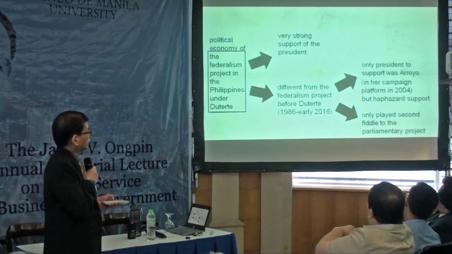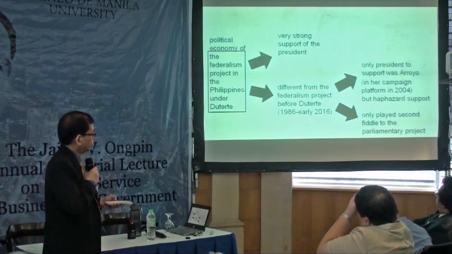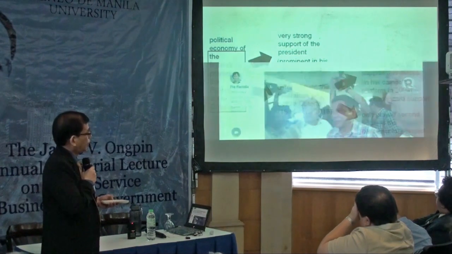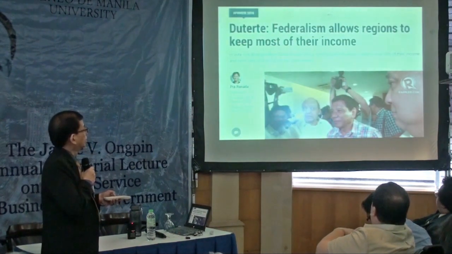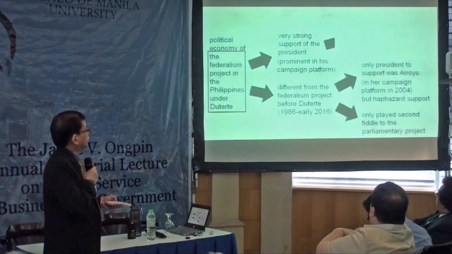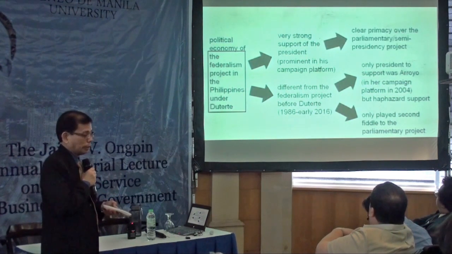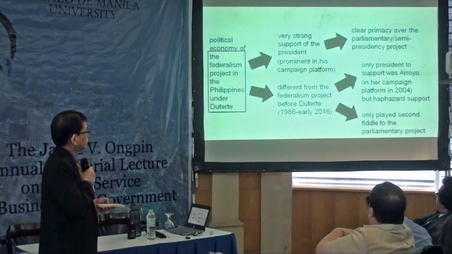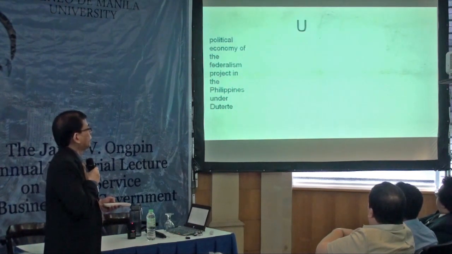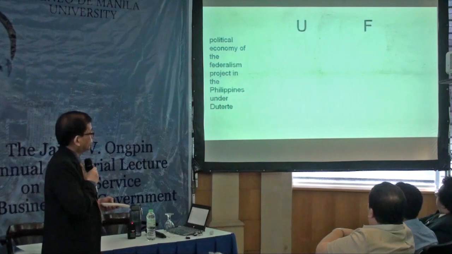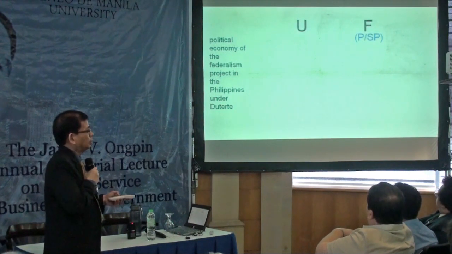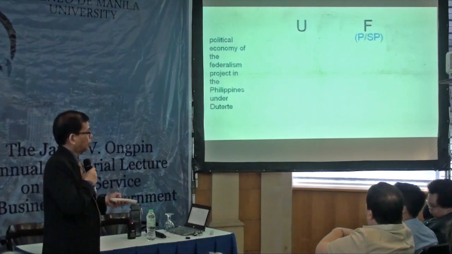But under Duterte, you have very strong support of the president, prominent in his campaign platform, and a clear primacy over the parliamentary, now semi-presidency project. So we discussed: U represents unitary, F represents federal, P, blue, would be parliamentary or semi-parliamentary.